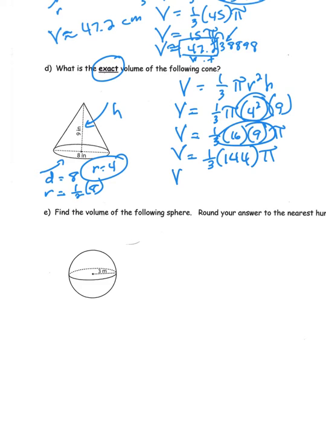And 1/3 times 144 is 48 times pi. Now here's the wonderful thing about the exact answer: we're finished. When we're asked to find the exact answer, it means to leave the pi symbol in. That's the exact way we can answer this question. It's not very comfortable for my brain to look at, but the volume is 48 times pi, and the unit of measure is inches to the 3rd power.